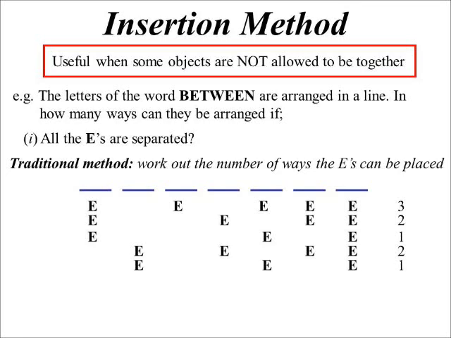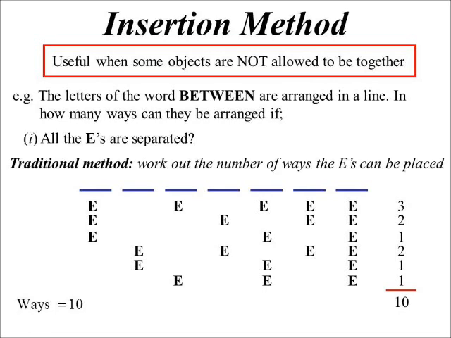Or I could separate the first 2, and I get that way. Now, is there any others? Yes, I could now move the first E along one, and I could go E, and then E, E. There's 1 way, giving us a total of 10 ways I could place the E's.